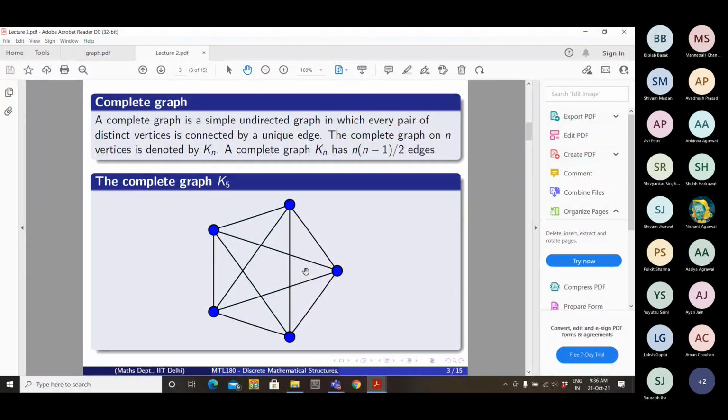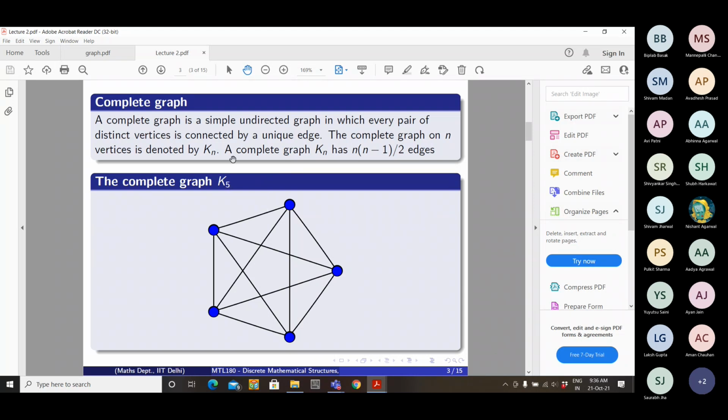We denote a complete graph with n vertices by Kn, and it's easy to see that any complete graph Kn has nC2, or n times (n minus 1) by 2, edges. Here is an example, a complete graph on 5 vertices.